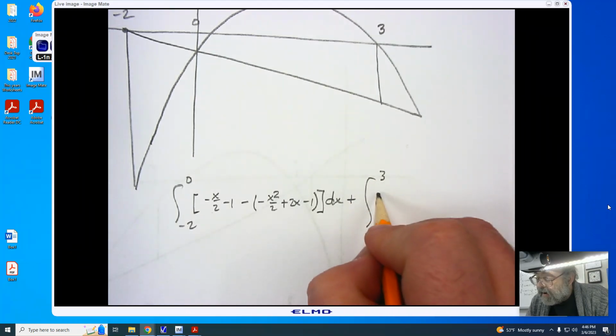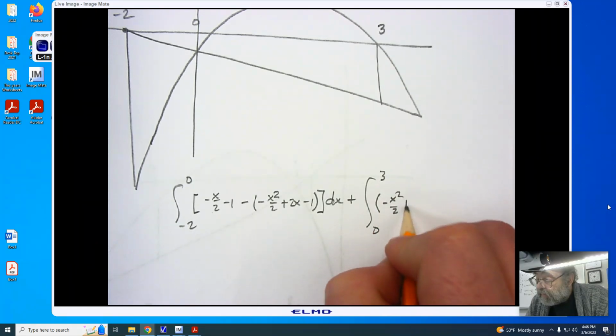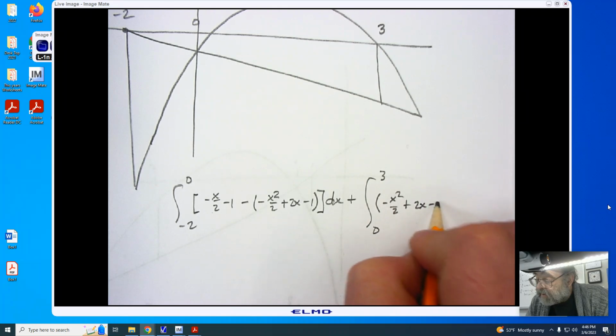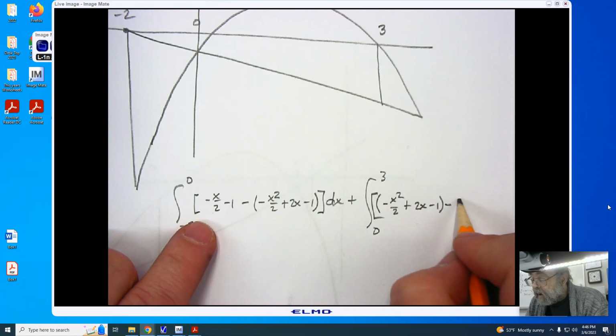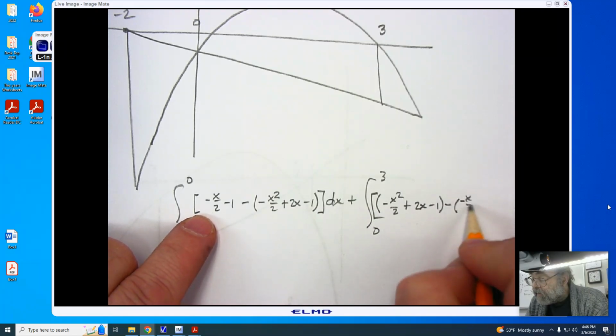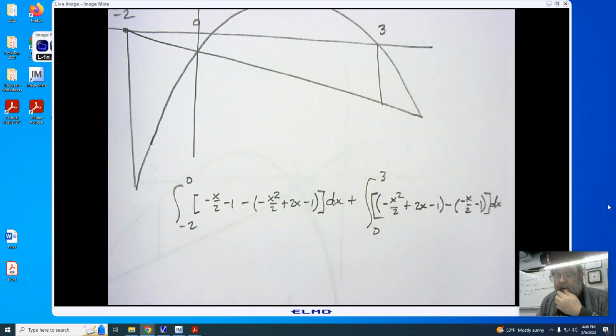And now we have the negative x squared over 2 plus 2x minus 1, and we are going to subtract our negative x over 2 minus 1 dx. And this is going to now give me the integration.